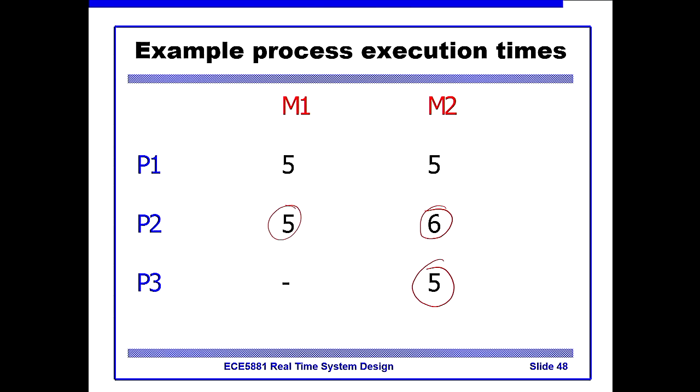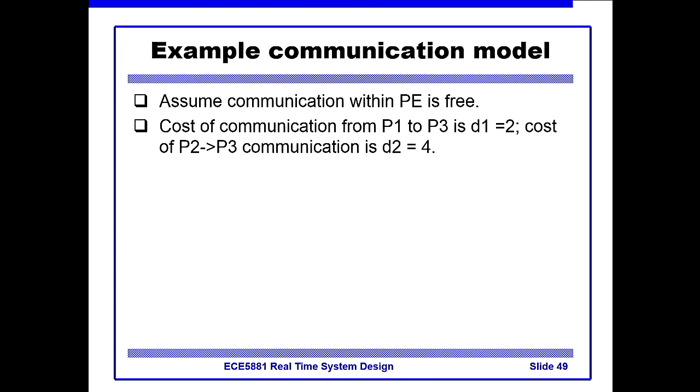All right, and we also have communication costs. So within the one processing element, we're assuming communication is free. So if you're using the local memory of the microprocessor 1, the results are already there, so we don't have to spend time communicating them through the bus.